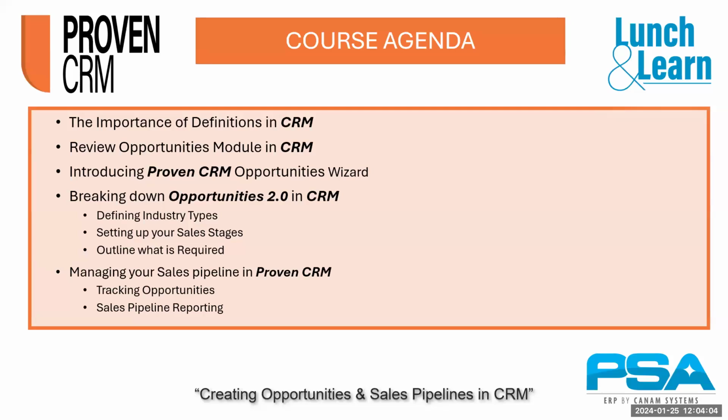in CRM, ranging from how we handle defining the importance of industry types, being able to categorize our sales stages that will fit your business model and what we're expecting from our sales team, as well as outlining the required pieces of information that we need to capture at these different stages.